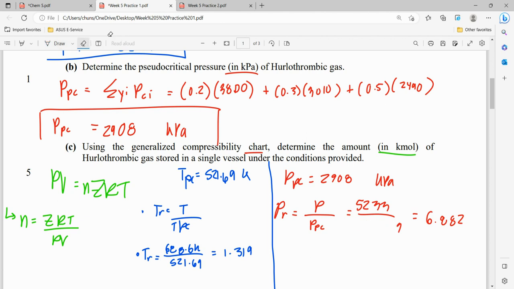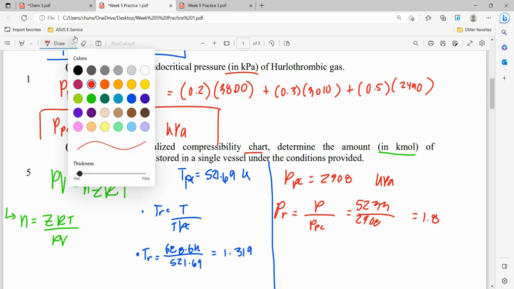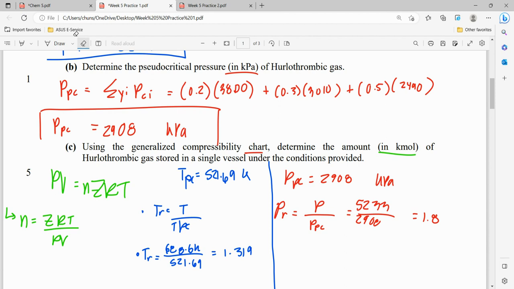Okay, and we'll put that there instead. So 5233 divided by our answer, and this instead turns into, we're going to do some rounding. This is 1.8. I'm going to round this to 1.32. Okay, now we can take these values and we can find them on our compressibility chart.